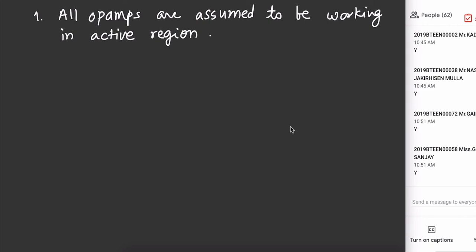Why? Because we want to apply the virtual short concept. That is not the only reason, but normally the output is not in saturation because it has to work as an amplifier. It has to amplify the signal and respond to the change in the signal. So therefore the output must be in the active region.